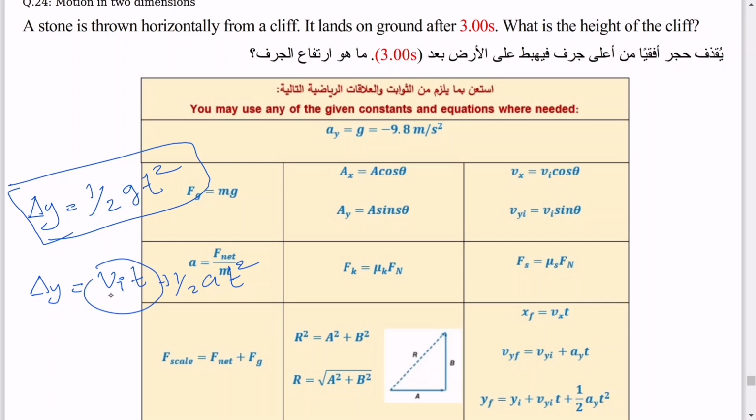For any horizontal motion, if you throw an object in the horizontal direction, its initial velocity along the vertical direction will be 0. So if this term is 0, what is remaining? Delta y equals half g t squared. So half multiplied by g, which is negative 9.8, multiplied by t, which is 3 squared. 3 squared will be 9.